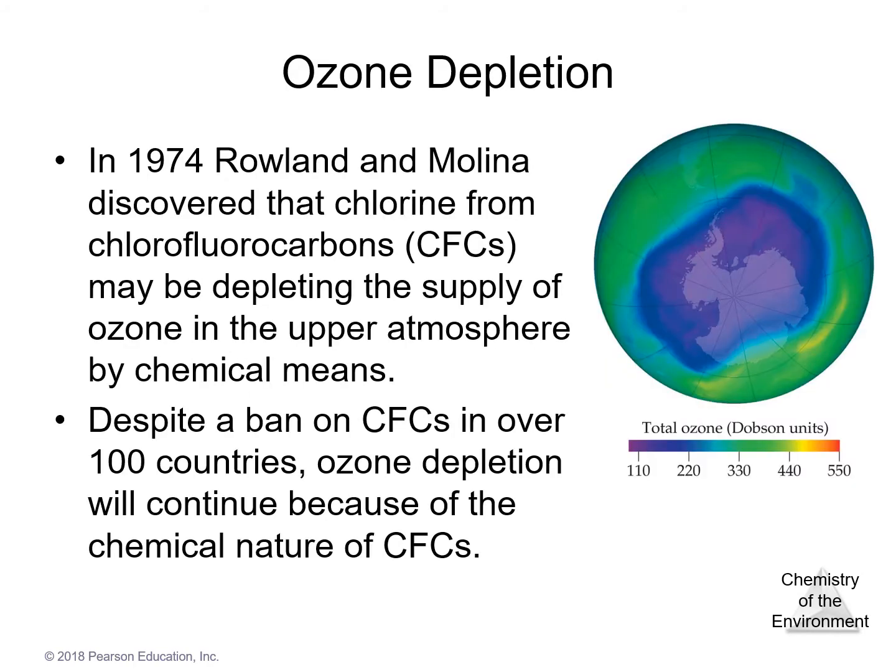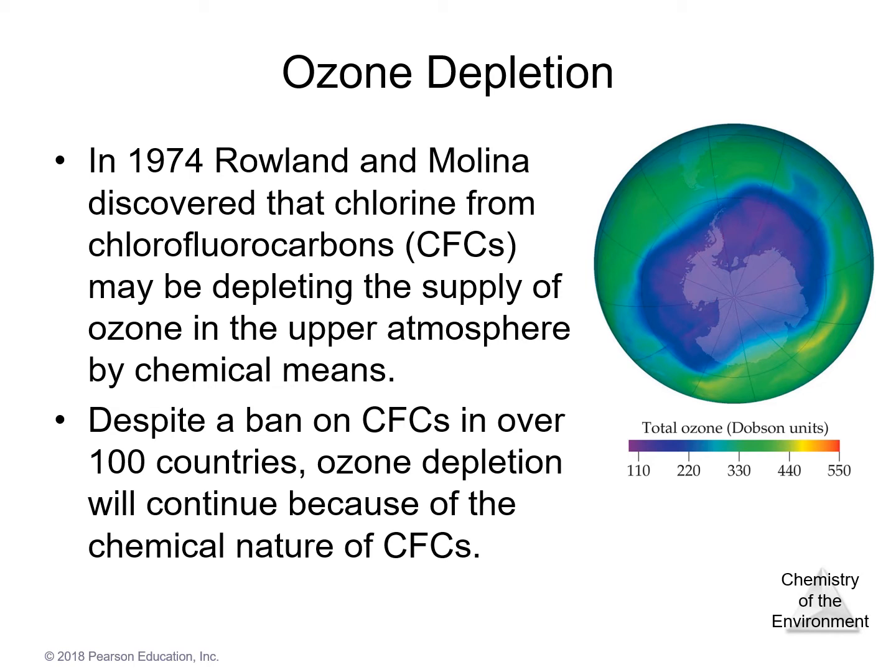Now, in 1974, Rowland and Molina discovered that chlorine from chlorofluorocarbons, or CFCs, may be depleting the ozone in the upper atmosphere by chemical means. Despite a ban, the CFCs have already done their damage.